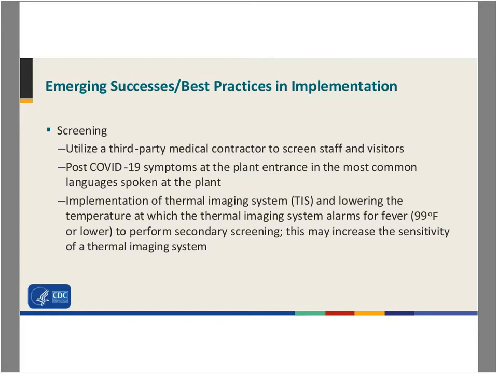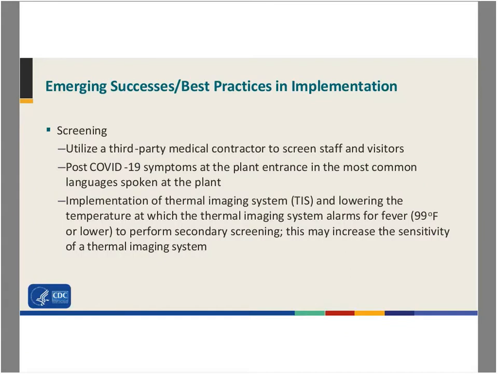So, screening. Keep in mind that this is not something that you have to do. These are just ideas that we have seen work and that have been operationalized. Employers have hired third-party medical contractors to do screening for staff and visitors. A best practice is to post COVID signs and symptoms outside the plant, in the common languages spoken by the employees.